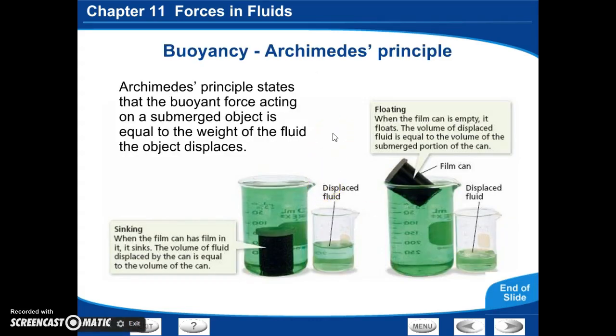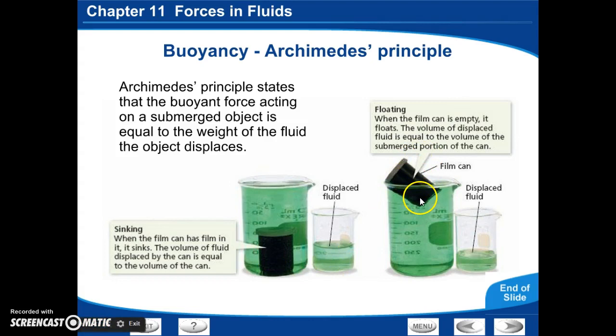Buoyant force, which is Archimedes' principle, states that the buoyant force acting on a submerged object, something that's underneath the water, is equal to the weight of the displaced fluid. Let's look at this. This is completely sunk. Maybe it's filled with rocks, I don't know. And we catch all the water that comes out. This is the displaced fluid. If we find the weight of this, that's going to tell you how much the buoyant force is working on the canister.